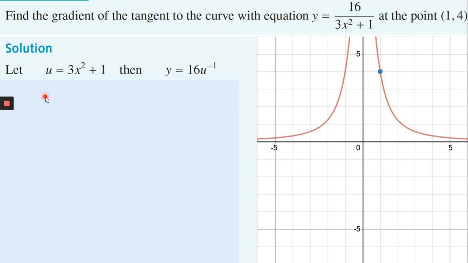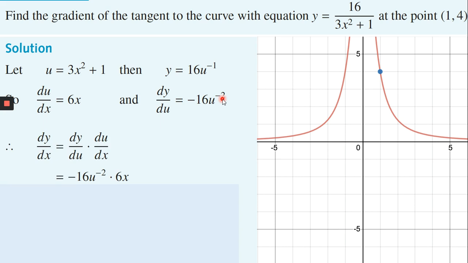So chain rule. Let u equal 3x squared plus 1. So then y is going to be 16u to the minus 1. Okay, so I've written it in this way so it makes the differentiation easier. So du by dx, 3 times 2 is 6x. Lose a power, times that by that, which makes that a minus. And when you lose a power from that, don't forget it becomes a minus 2.